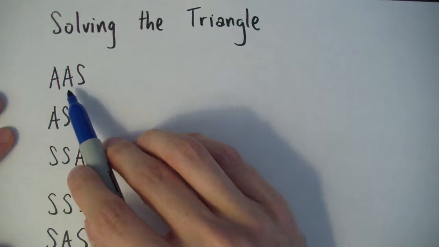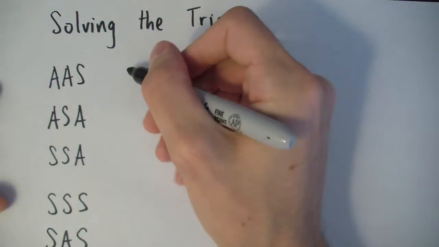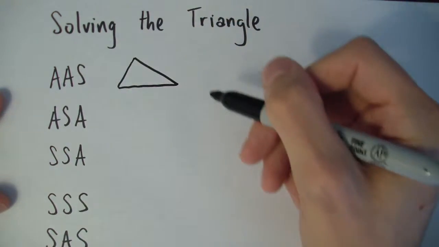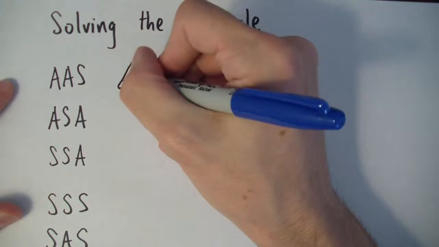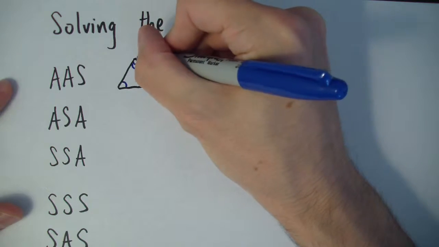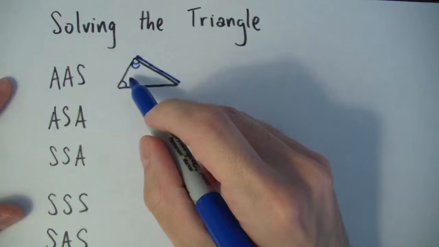In this case, AAS refers to two angles and a side of a triangle. So let's look at what that would look like. In this situation, we are told one angle and another angle, and then one of the sides that's not the side between the two angles.